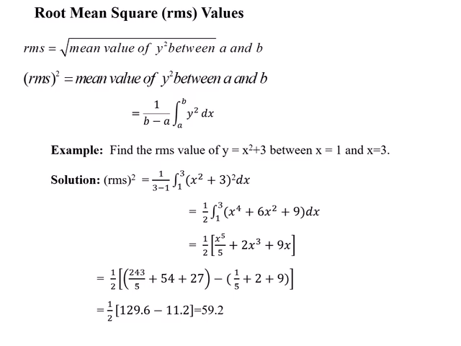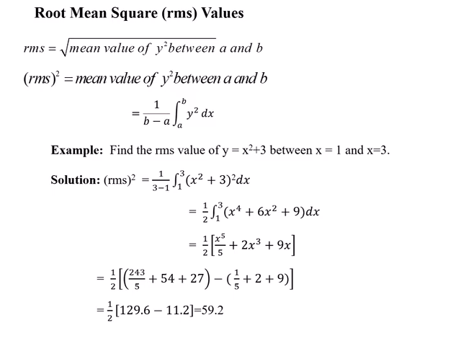If we square both sides, the square root cancels out, and we have root mean square all raised to power of 2 equal to the mean value of y squared between a and b, and it is equal to 1 all over b minus a integral y squared dx from a to b.